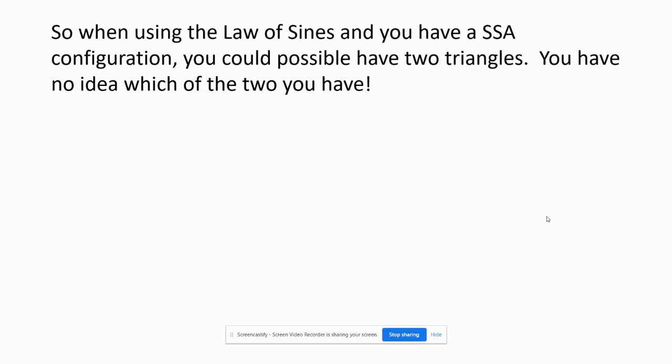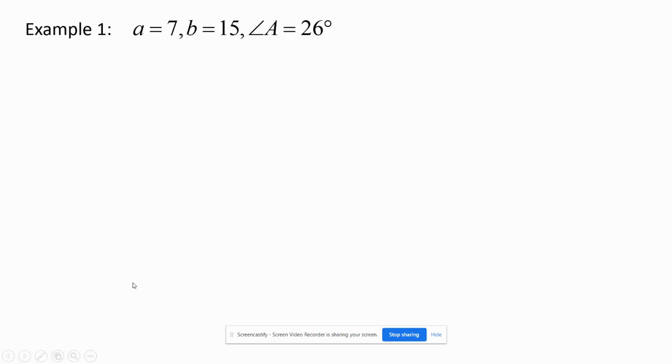If you have one of the other configurations, like angle, angle, side, then you would be able to do it, or any of the other configurations that work with the law of sines. But if you have side, side, angle, you must check for the ambiguous case.